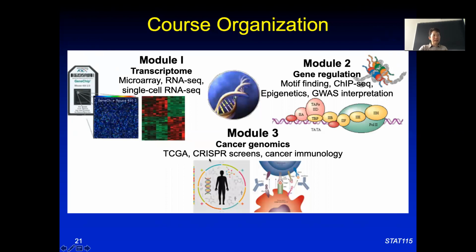This CRISPR is genome editing, but we're looking at genetic screens, drug screens, and also recent developments in cancer immunology and cancer immunotherapy. So there is a lot of tool discussion in module 1, some biology in module 2, and in the third part, hopefully you will be able to use the tools you learned in the first 2 modules to do some real exploration on data.